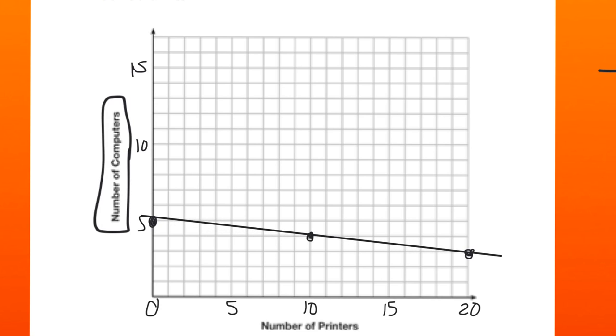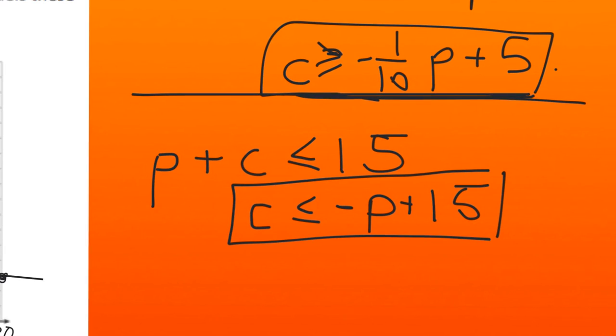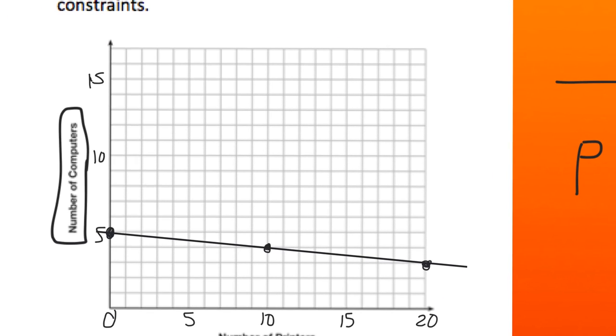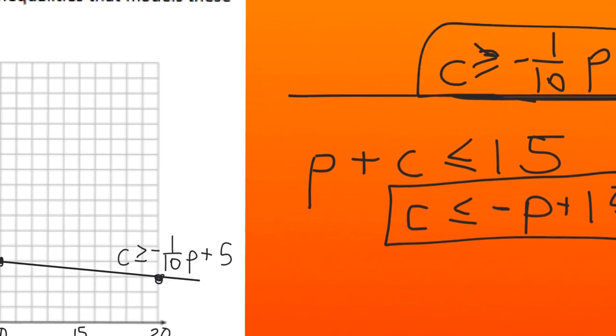Okay, so let's connect these together. All right. So let's label that one. That was C is greater than or equal to negative 1/10 P plus 5, I think. Is that right? Yes.